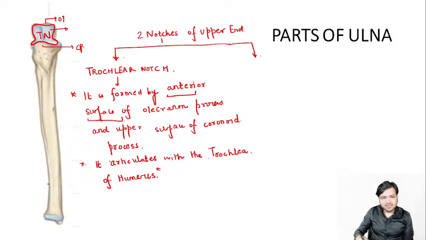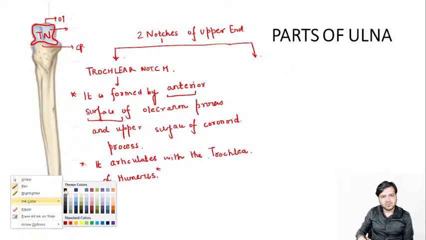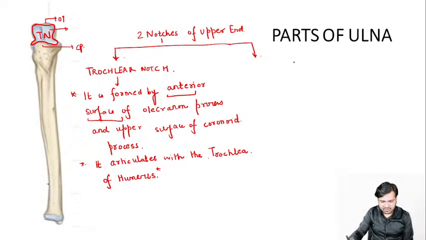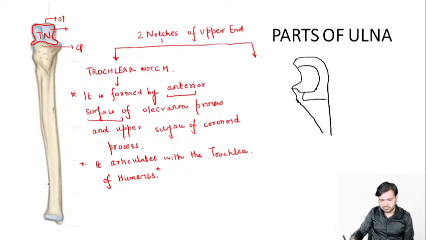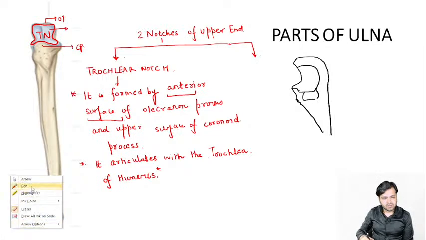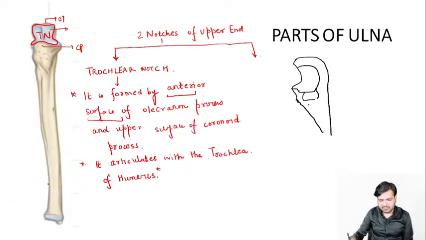Okay, let's quickly make a small diagram of this, to see how the radial notch is more prominent in the lateral view. You already know that the upper part is basically the beak shaped structure. Perfect Rimsha, yes, it is the medial lip.